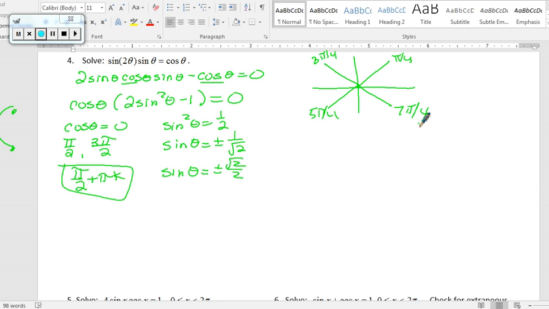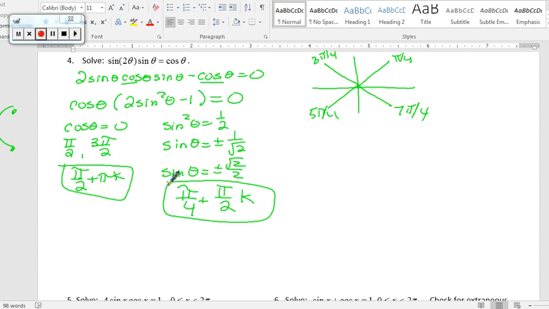Each one of these are exactly a quarter turn around the unit circle. So I could write this as one single term of pi over 4 plus pi over 2 k, because it's half a quarter of a turn, and that's where that pi over 2 comes from, and I don't need to list out the 4 terms.